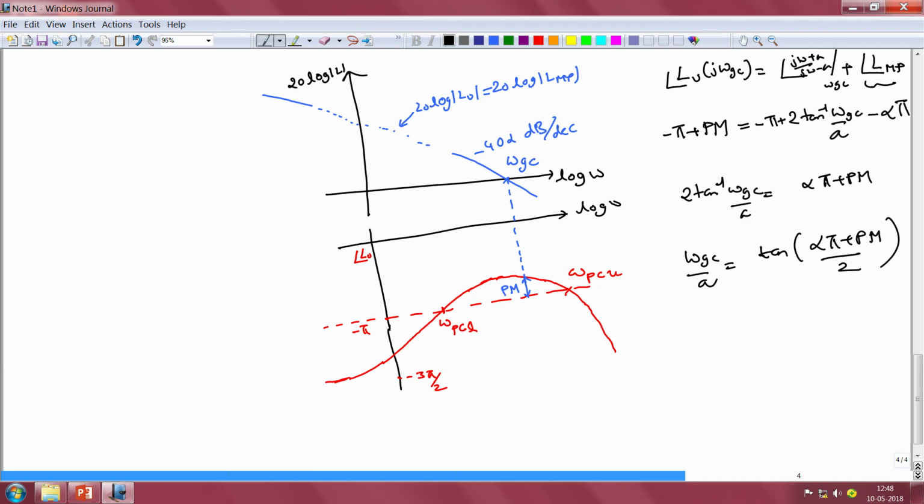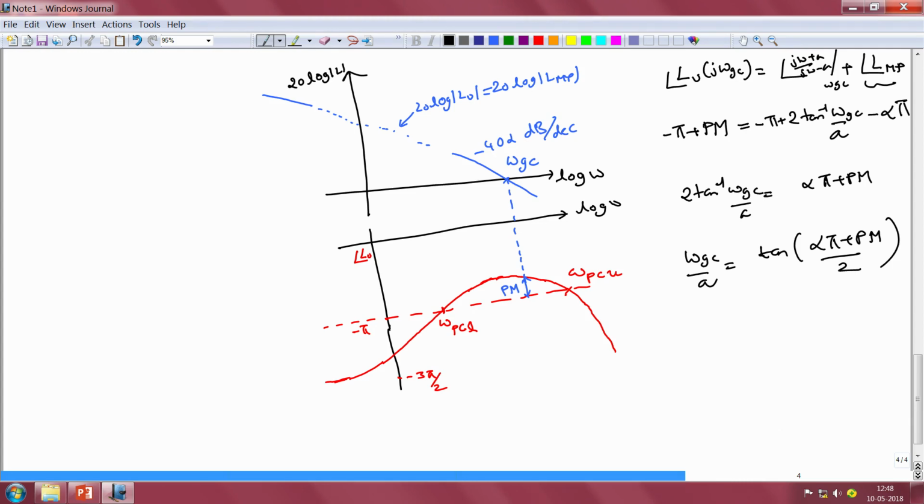So what this indicates is that the gain crossover frequency can be readily predicted approximately if we know the rate at which the magnitude characteristic is rolling off near the gain crossover frequency, and that rate is given by minus 40 alpha decibels per decade, and we have a certain specified phase margin Pm.